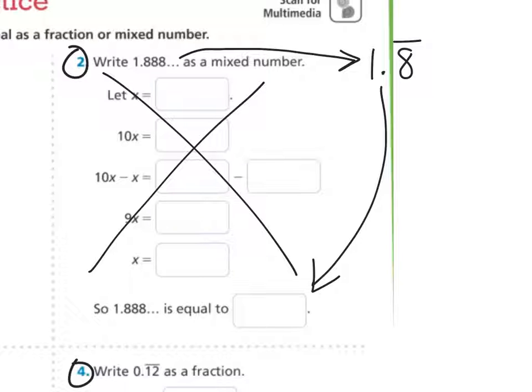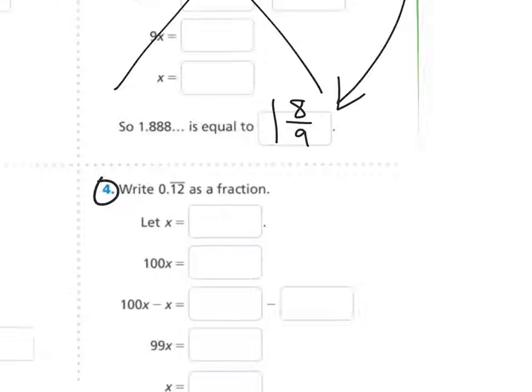This one is a little bit different in that we have a whole number part. So we put our whole number part in front. And then the fraction, the part after the decimal point, we have an 8. It's just 1 digit, and so we put it over 9. So 1 and 8/9, that can't be reduced, so that's our final answer.